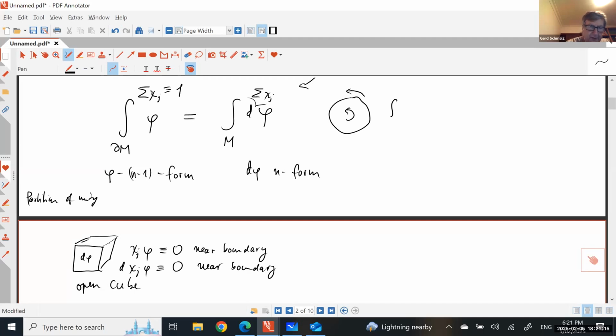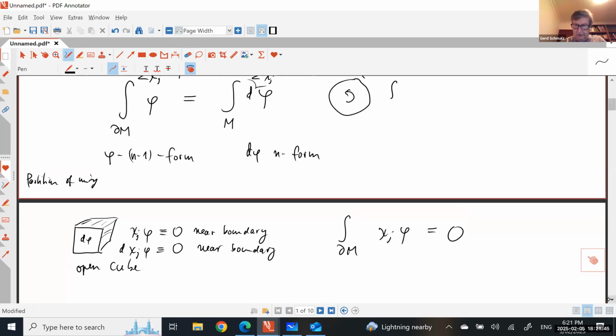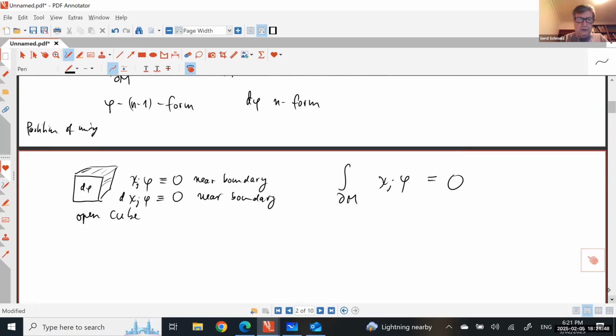So on the boundary, we don't have anything. So in this case, the integral of this one on the boundary is of course equal to zero, because the form is zero, so no problem. So what we need to show is what happens inside.